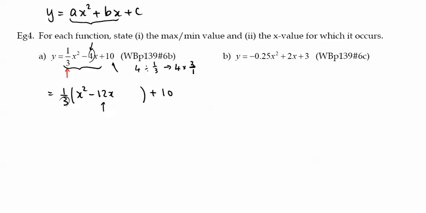Once I take out the GCF from the first two terms, we can then come up with a perfect square. As we're having 12x in the middle, divide this term by 2.